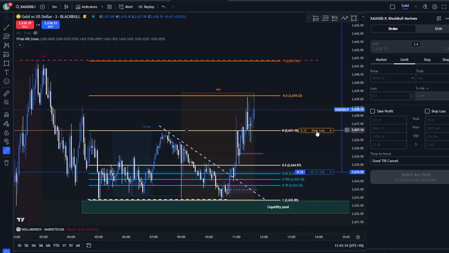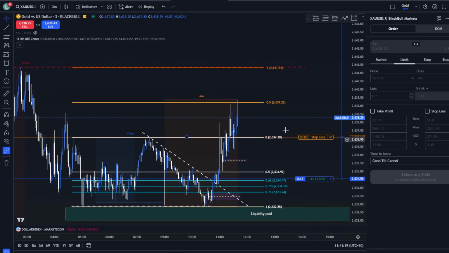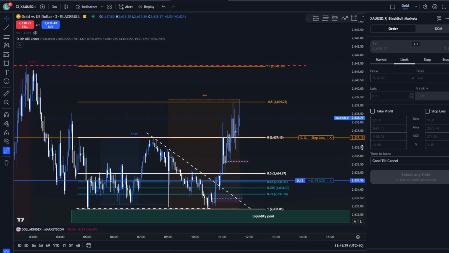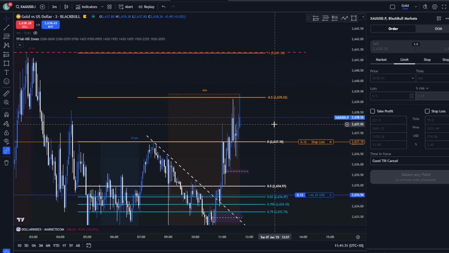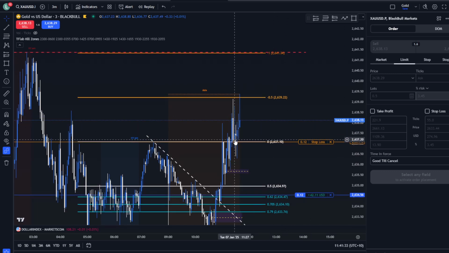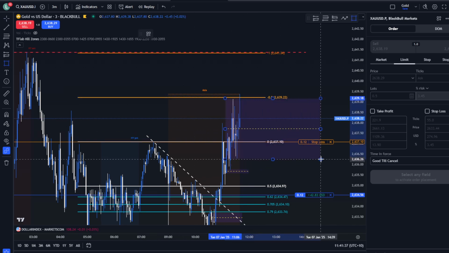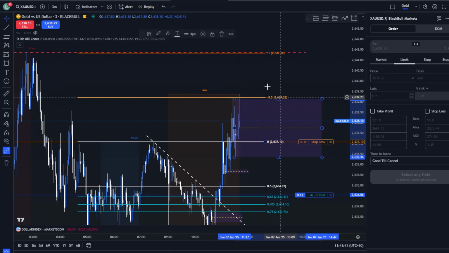All right, so we've got two partial take profits now, and our stop losses under here. We'll just hold it on for the moment, just see if it does in fact take out our stop loss. Otherwise, we'll just leave it and let more candles print and come back to it. I got a feeling it will, just because this range here seems to be the current range that we're in.